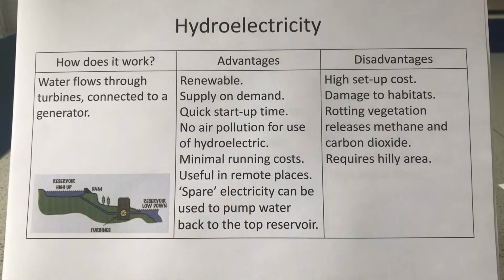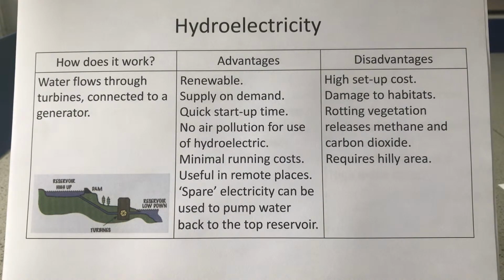There is a quick startup time. It literally is just open the tap and the water goes through the turbine. There's no air pollution, minimal running costs. It's useful in remote places, and the spare electricity, remember I said earlier that electricity can't be stored, can be used to pump the water back up to the top reservoir to start again.